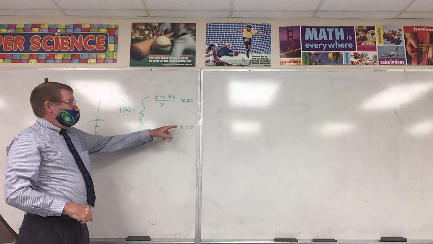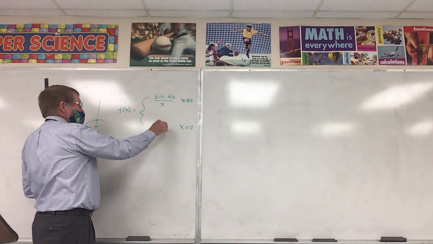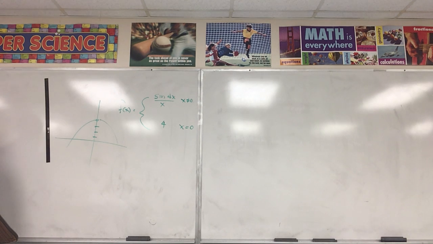Correct. So that's all we have to do. That would be the function that would fill that hole in. So at x equals 0, f of x equals 4. All the other places, f of x equals sine 4x over x.